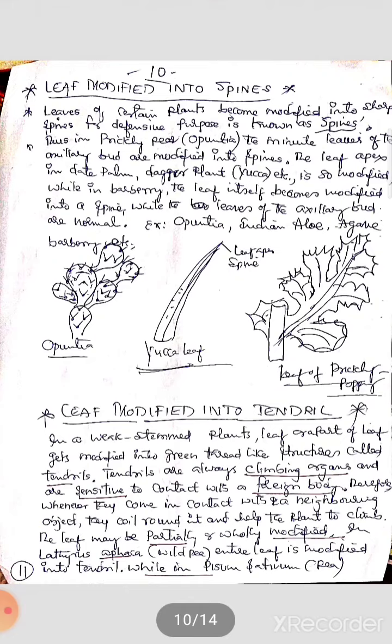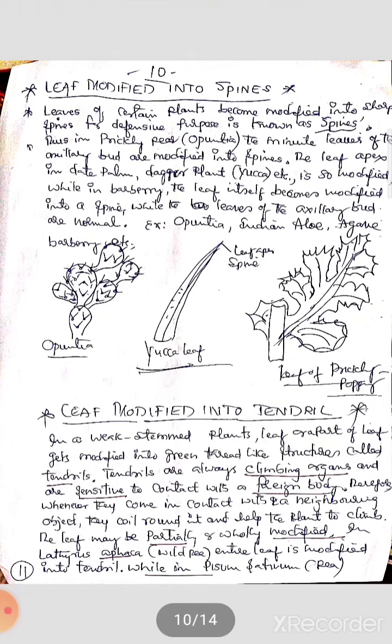Next, leaf modified into tendril. Tendrils occur in weak stemmed plants.